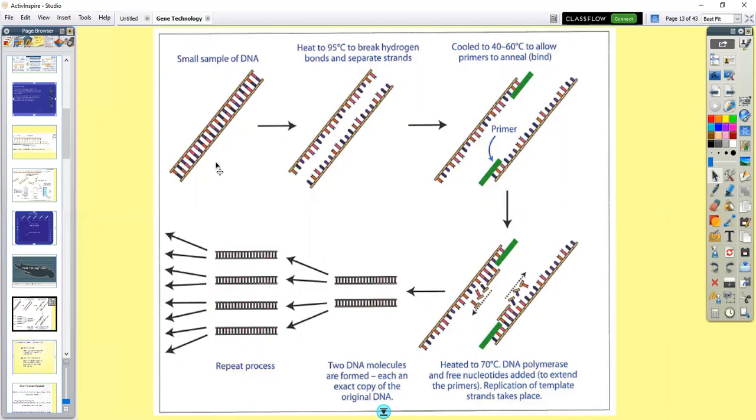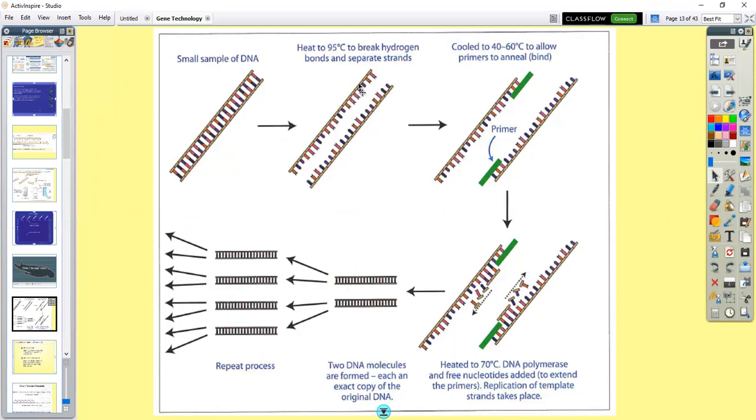Okay, so you have a small section of DNA. It could be that you've provided a sample. It could be that you've found a small speck of blood or a hair at a crime scene. Because you've only got a small amount of DNA, you can only carry out a certain amount of tests. So if you copy the DNA many times, then you can carry out any amount of tests on it.